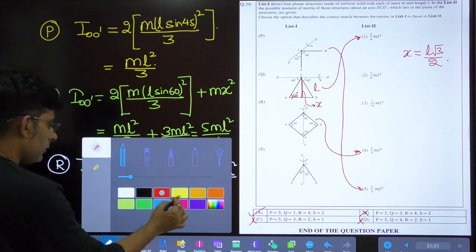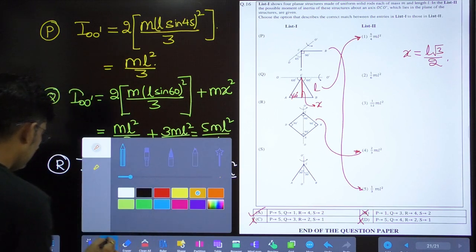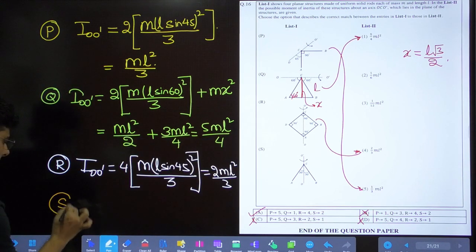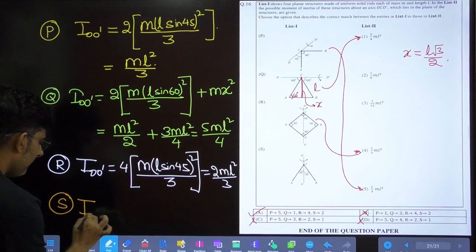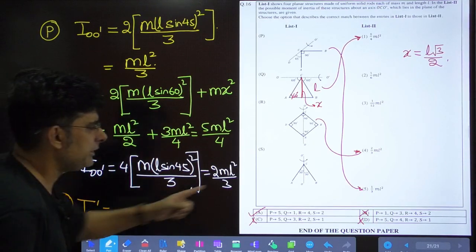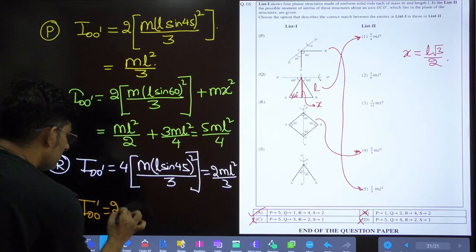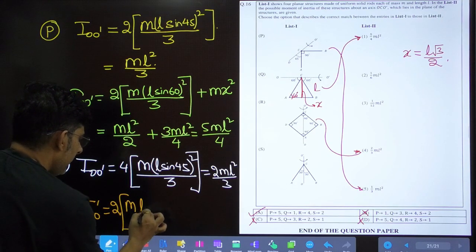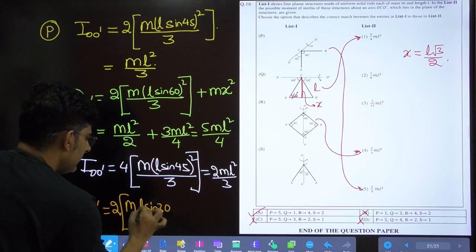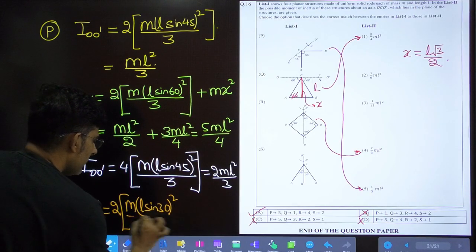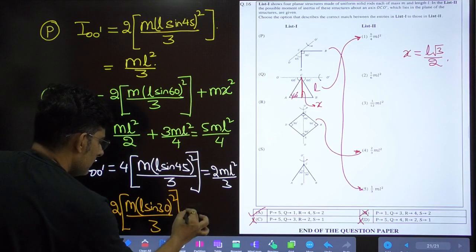And the last one also, if you see the last one, which is S, here we have only 2 rods, end axis making 30 degree each. So 2 times ml sin 30 whole squared upon 3.